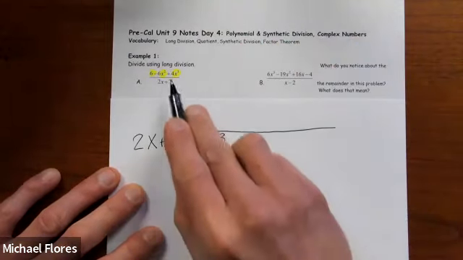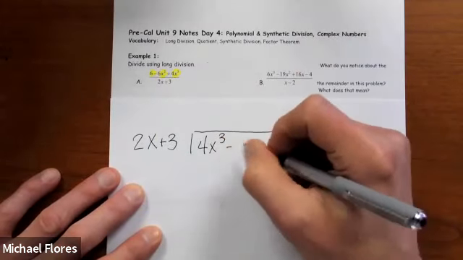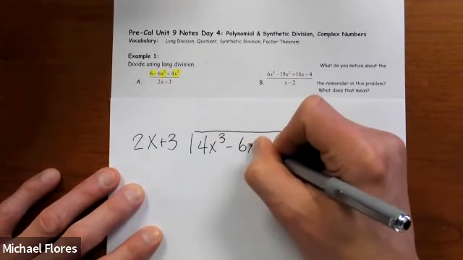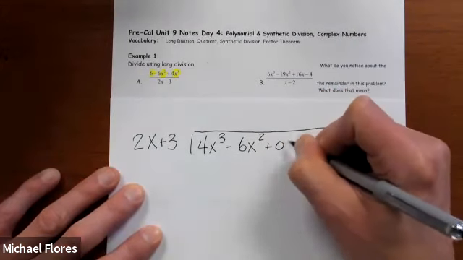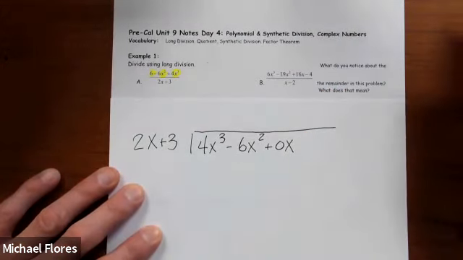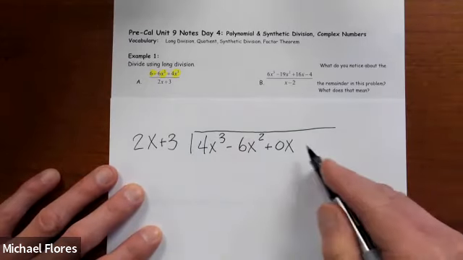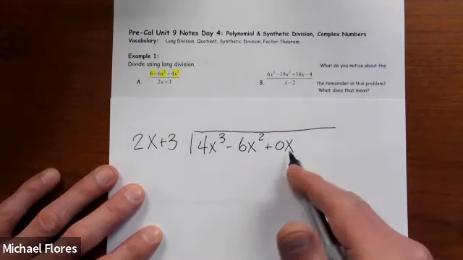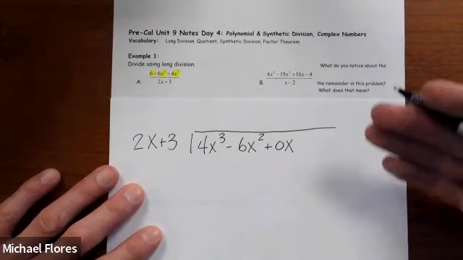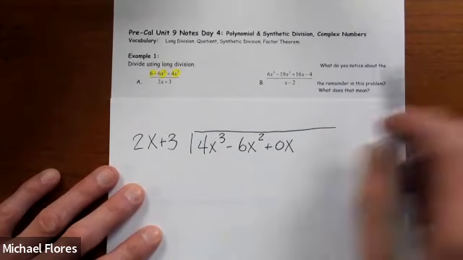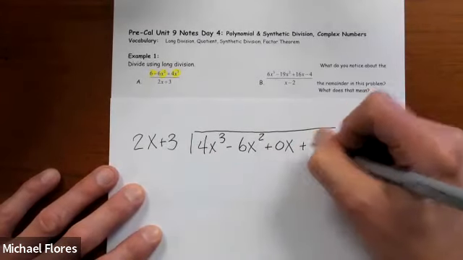So 4x cubed minus 6x squared. Now watch this. Plus 0x. It did not provide us with a singular x variable with an exponent of 1. So we need to account for that. We have 0 of them. Do not put x because that would imply 1. You need to put 0x and then end with plus 6.